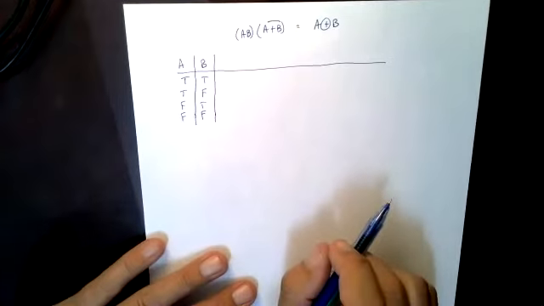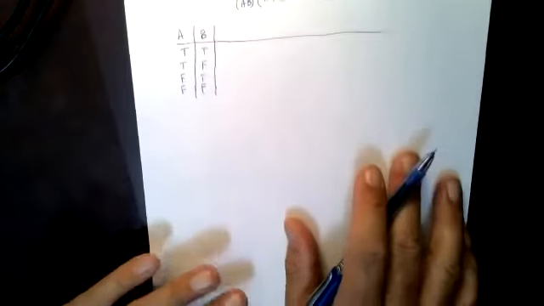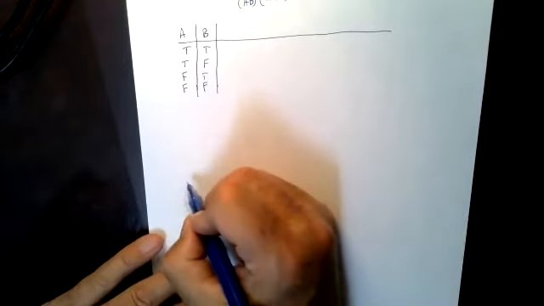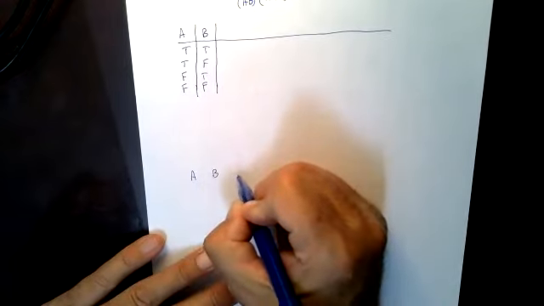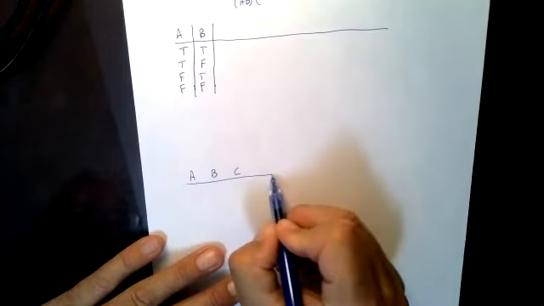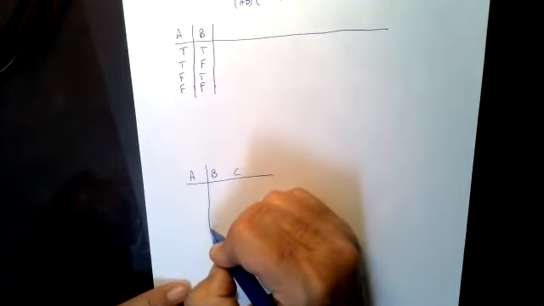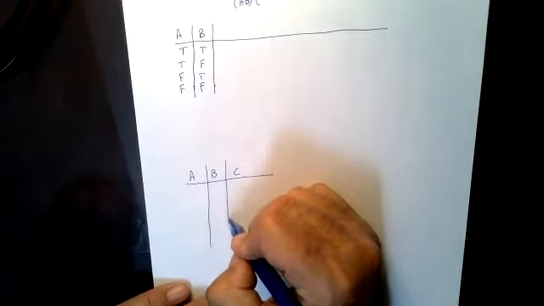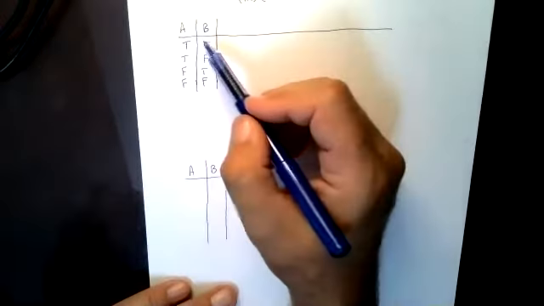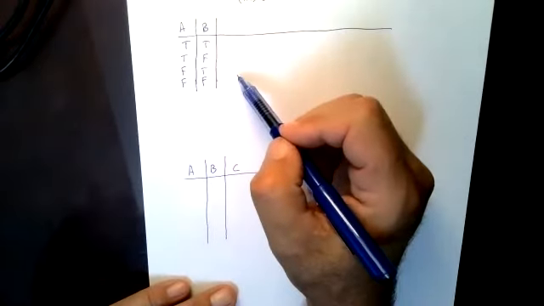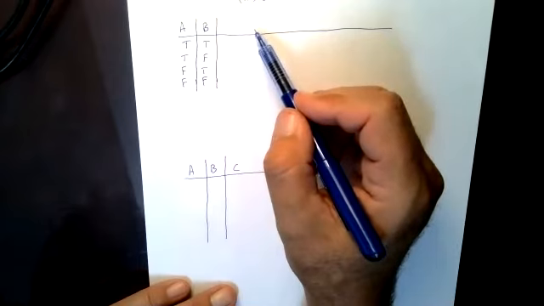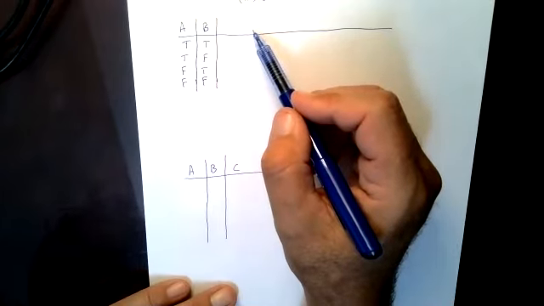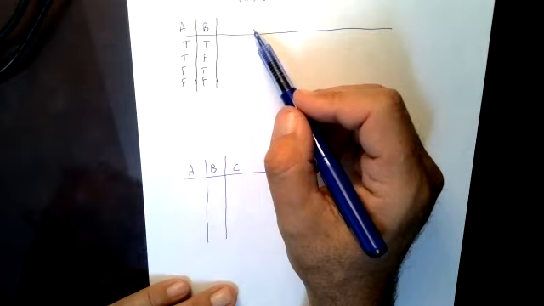What if I had 3 variables in here, like A, B, and C? How many combinations would there be? So 8, right? If I had 4 variables, how many combinations would there be? 16.